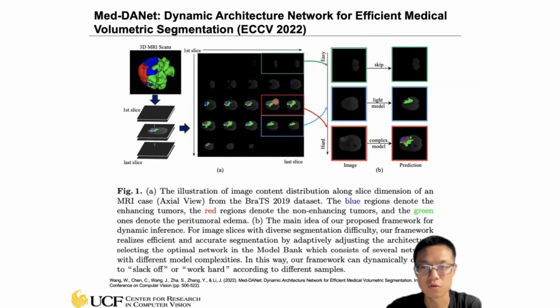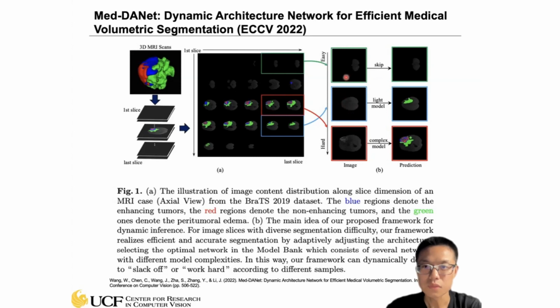Only for some of the difficult slices, maybe this one containing multiple tumor types, we need to run a complicated network in order to segment these different types of tumors. Maybe for this one that only contains one or two types of tumors, we can use a much simpler network to do the segmentation accurately. So that's the intuition: can we adjust the network complexity to cope with different inputs?